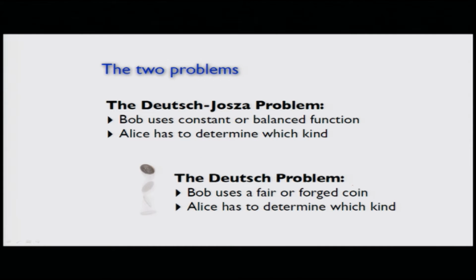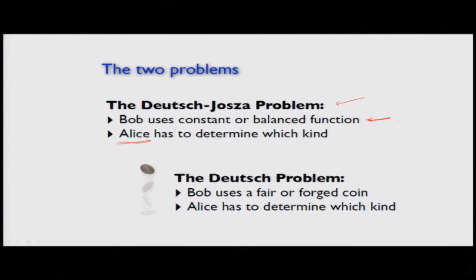The first problem is the more common DJ algorithm, or the Deutsch-Jozsa problem, where one individual uses a constant or balanced function, and the other individual is supposed to determine which kind has been used. So, it is the job of the reader to find out what function is being used.